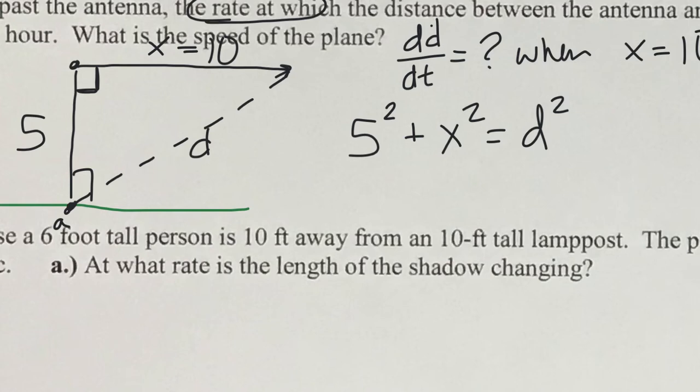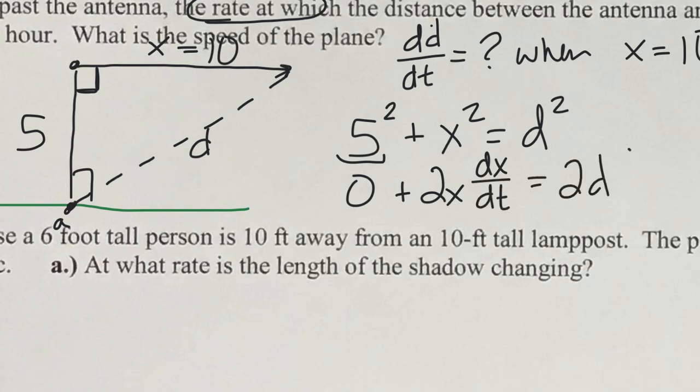Most right triangles will have a Pythagorean theorem formula. Now let's differentiate with respect to time. What's the derivative of a constant? 0 plus x squared is 2x dx/dt equals 2d dd/dt, the derivative of distance with respect to time.